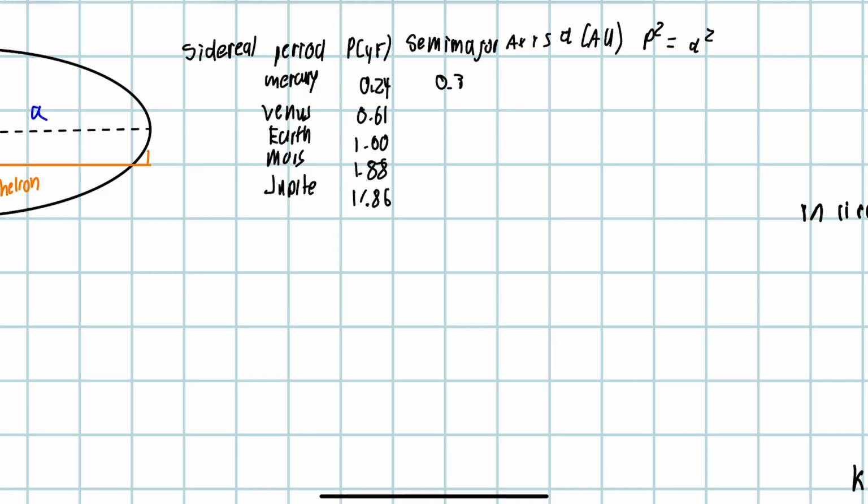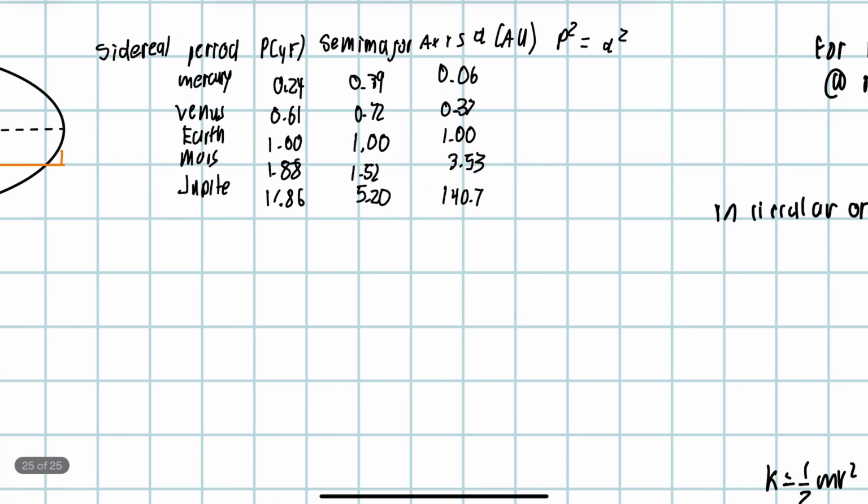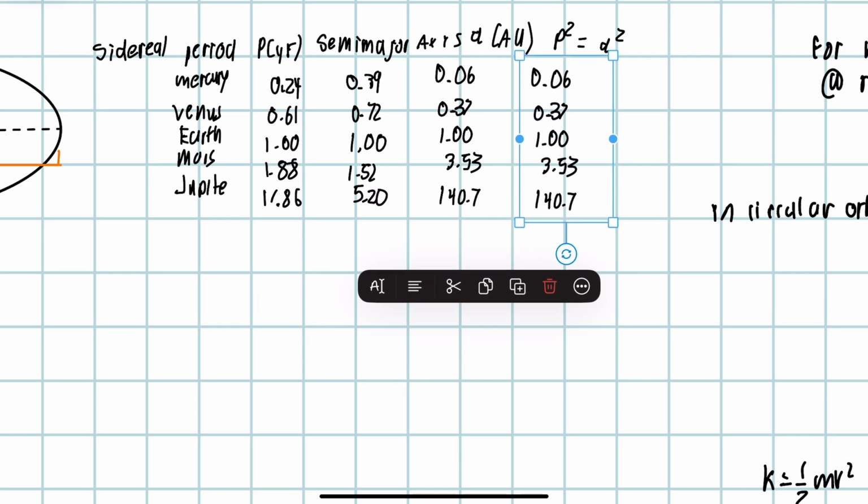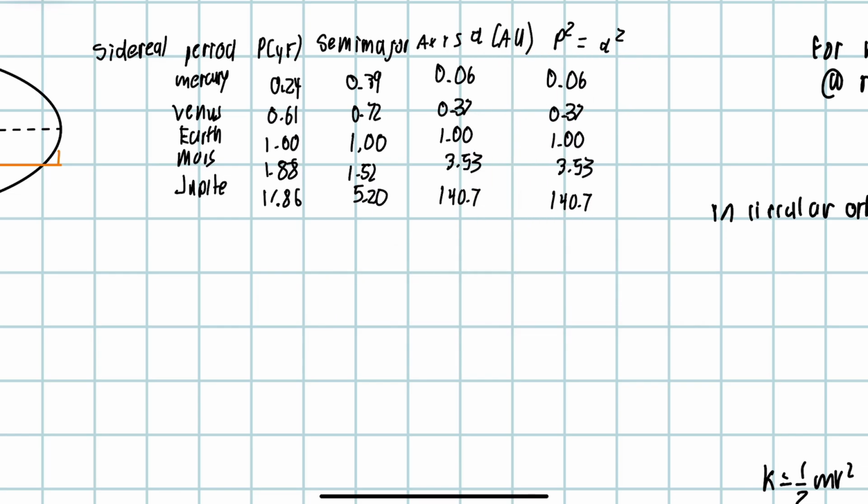A is going to be 0.39, 0.72, 1.0, 1.52, 5.20. P squared is going to be 0.06, 0.37, 1.00, 3.53, and 140.7. And A cubed is going to be the same thing because they're about the same, except for some small differences.